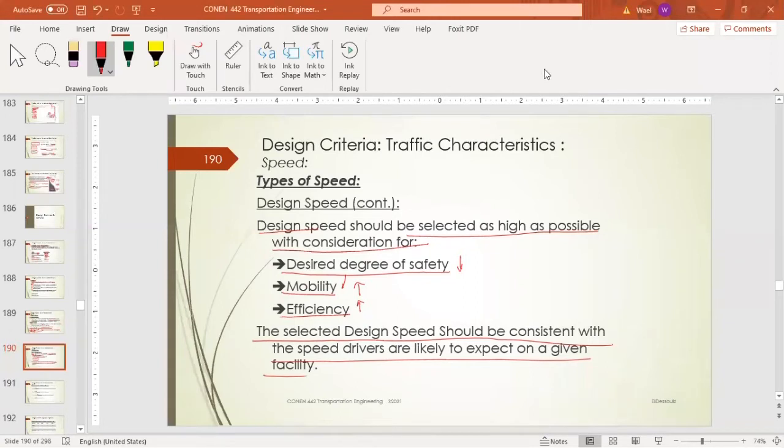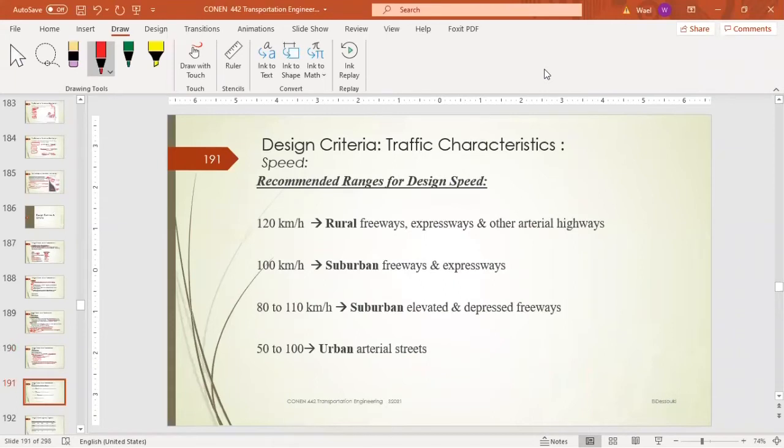So as we mentioned, the design speed should be selected such that it gives us the desired degree of safety, mobility, and efficiency. These are recommended ranges for design speeds.